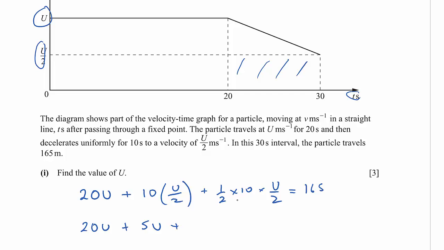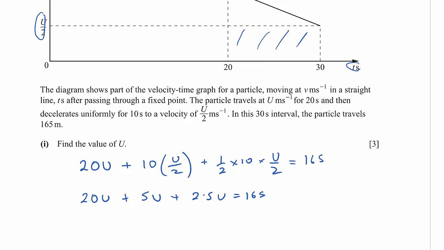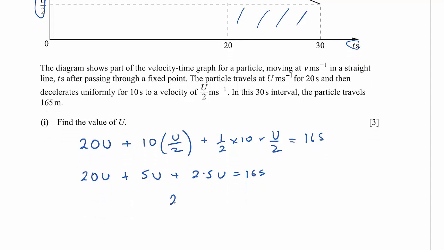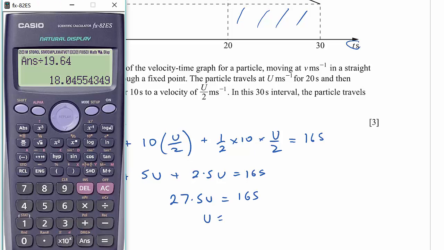So I've got 20u, add 5u, and then here we've got a half of 10 and then a half again, so that's going to be 2.5u, and that's equal to 165. So altogether that's 27.5u is equal to 165.